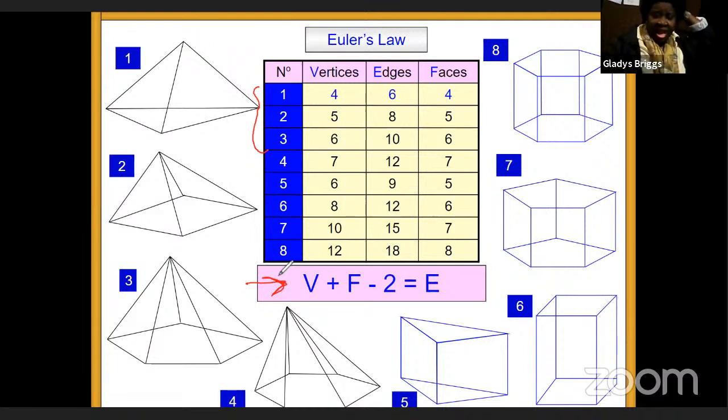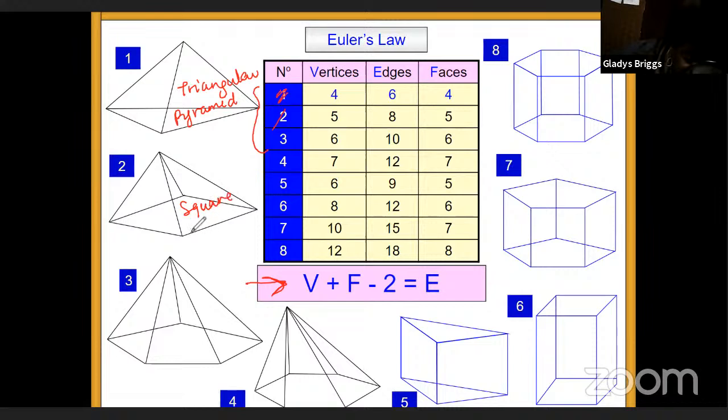Write the formula down. I think the first one is a triangular base pyramid. So instead of writing number 1, you can write a triangular pyramid. And instead of writing number 2, you can write square pyramid. And pentagonal pyramid.